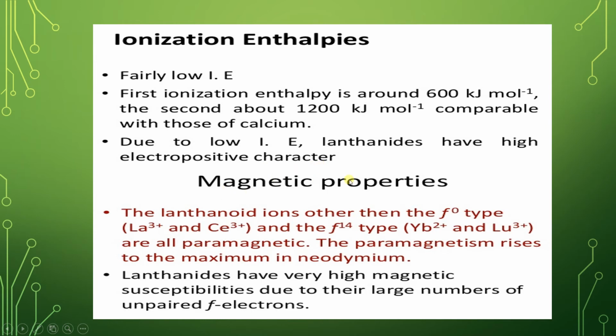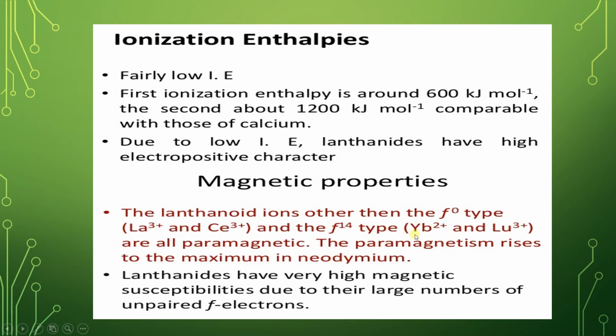So next, magnetic properties. The lanthanide ions other than the f0 type, that is lanthanum 3 plus and cerium 3 plus, which are the starting elements where f orbitals are empty, and the f14 type, that is ytterbium and lutetium, where f orbitals are completely filled.